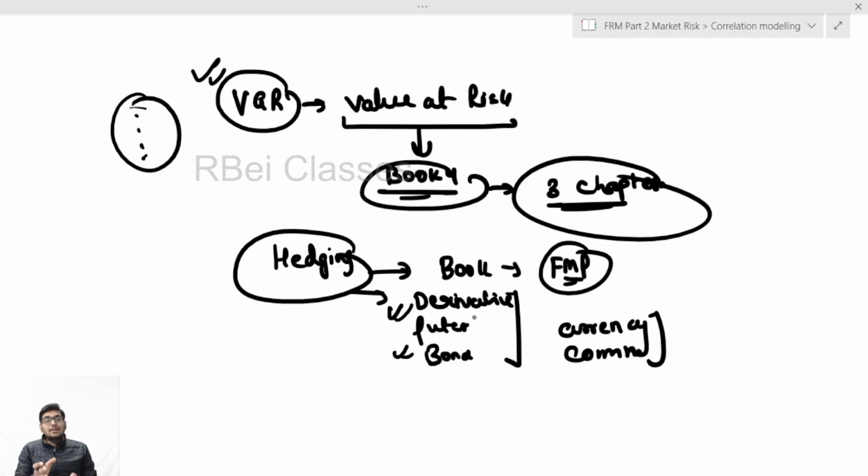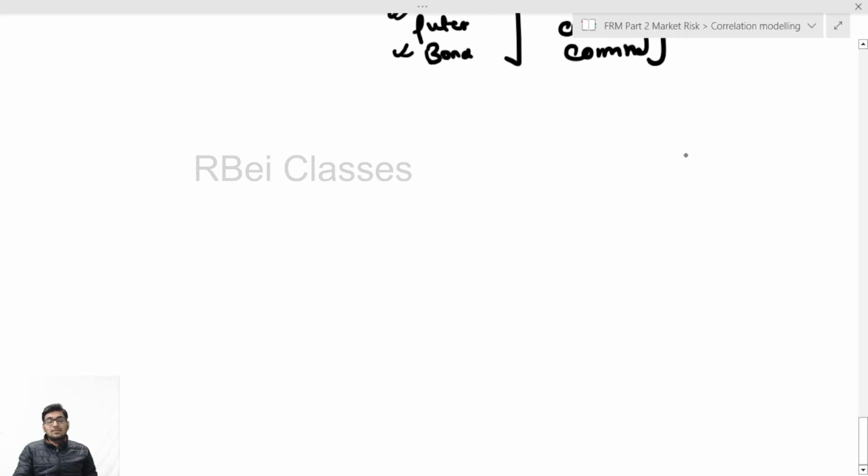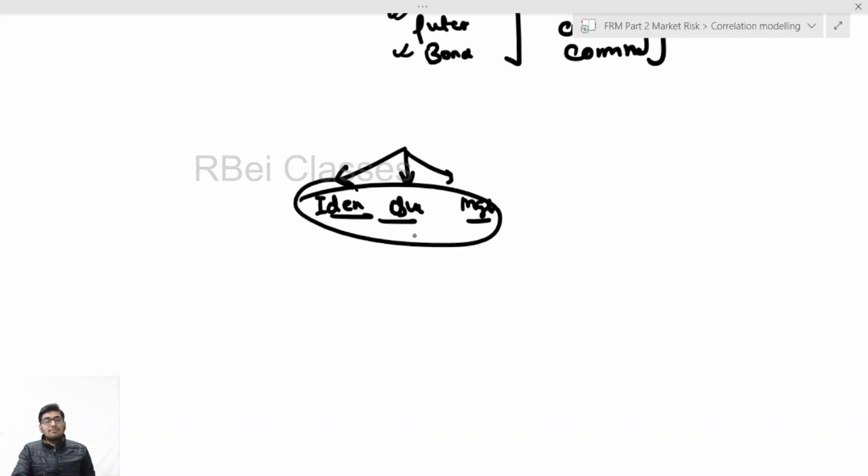Don't take it as a burden of doing 60 or 65 topics. Take it as a process. Once you take it as a process, it's a single chapter: you have to manage the risk. In the management of the risk, there are 3 steps. Number 1 is the identification of the risk, number 2 is quantification of the risk, and number 3 is the management of the risk. These are the 3 things you have to cover in FRM Part 1 and Part 2. Are you clear? Now you know that you have to do these 3.